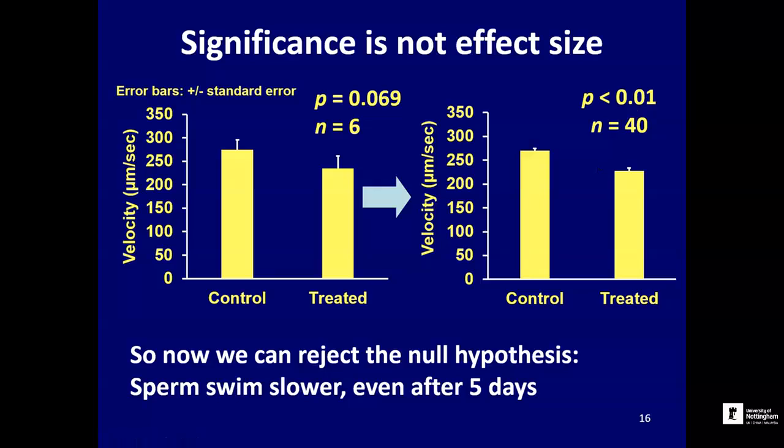It's small, but now it's judged to be significant by the t-test. So we've gone from a low-powered test giving a non-significant result to a high-powered test giving a significant result, which implies that our failure to reject the null hypothesis originally was probably a type 2 error. We don't know that for sure.